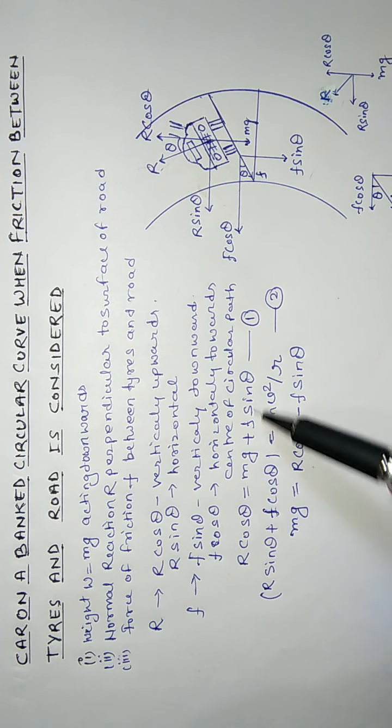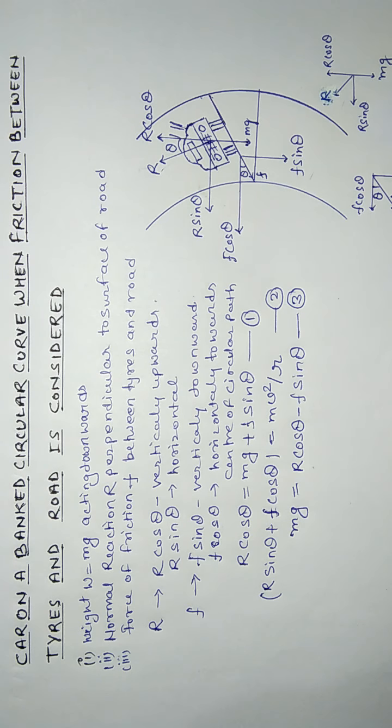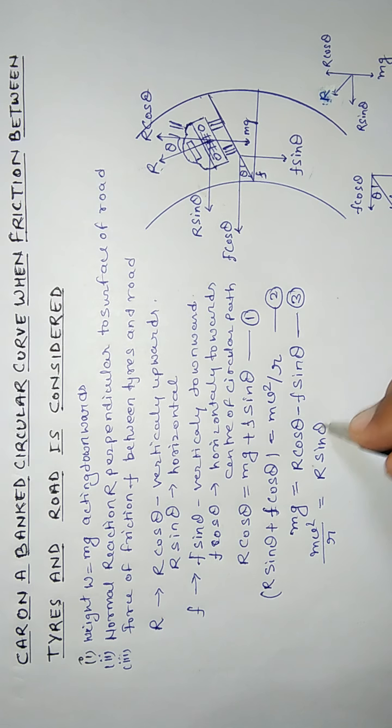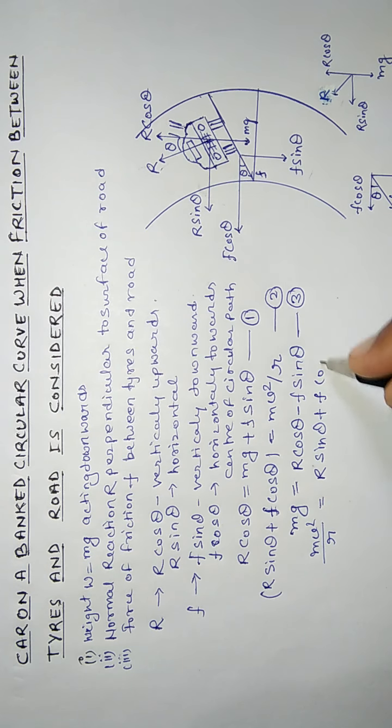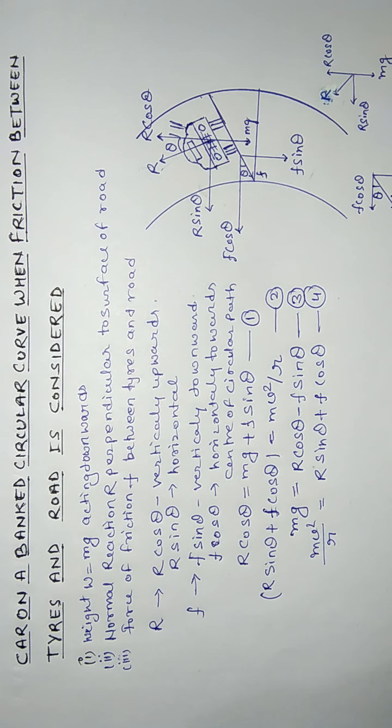This can be written as equation number 3. And from 2 we have mv square upon r is equal to R sin theta plus F cos theta. This can be written as equation number 4.